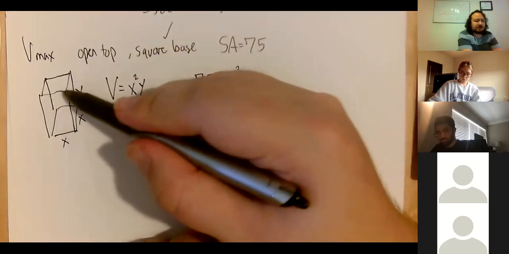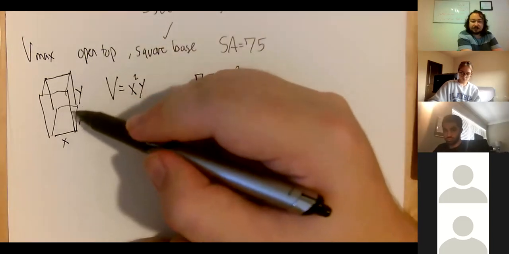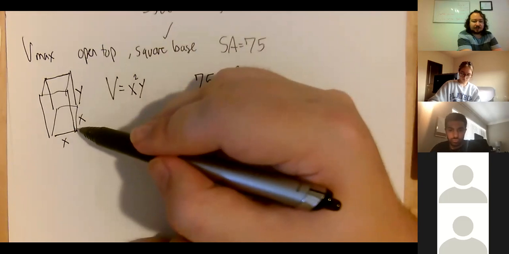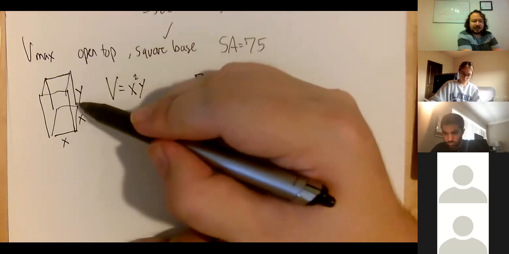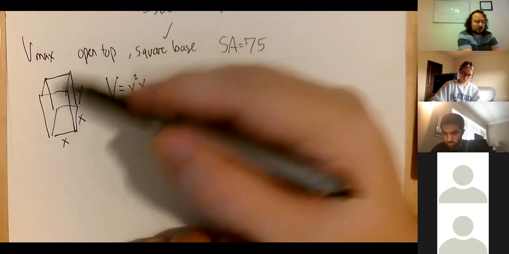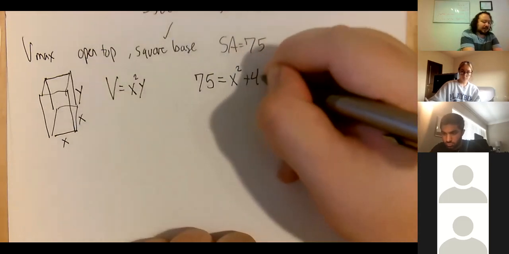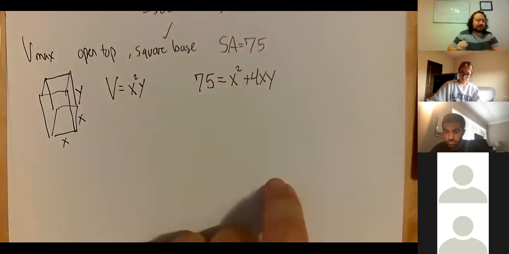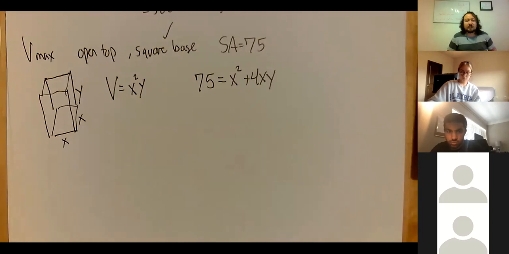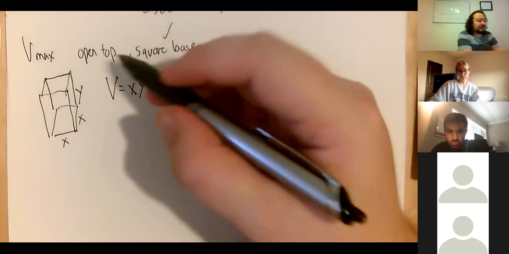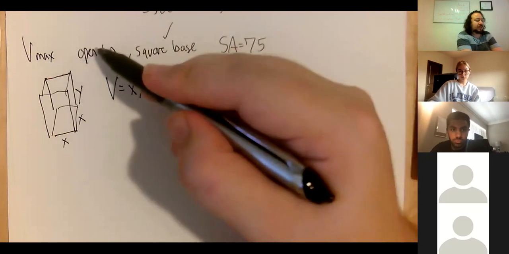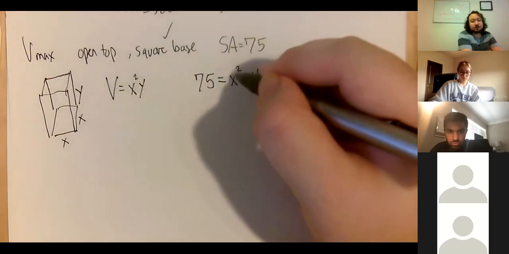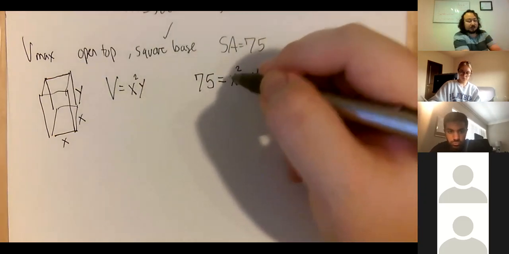And then it also includes the 4 sides of this box. The area of each one of the sides is x times y, and there are 4 of them, so we have 4xy for that. And then since it's an open top, we don't have anything up here. If it didn't say open top, then this would be 2x squared, because we would also have the top of the box.